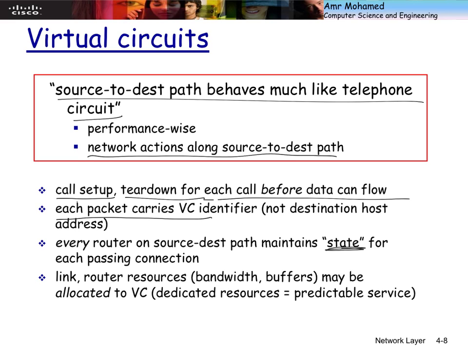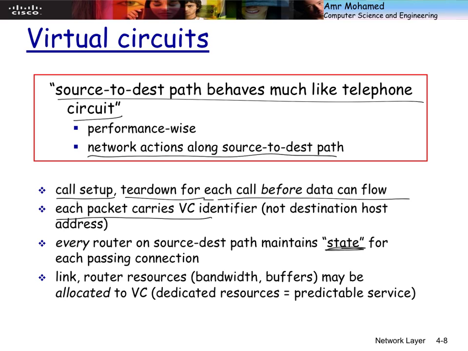Every router that this request passes through has to maintain a state, all the way to the other host. Then the other host will say, I accept. When this happens, the routers will say, okay, this connection is active now.